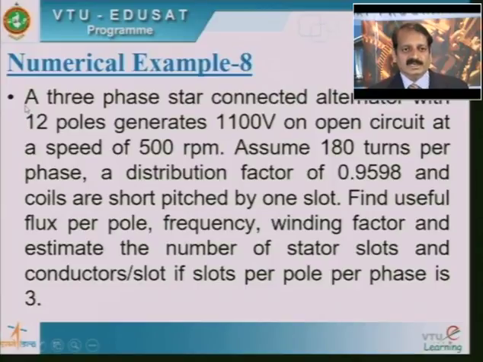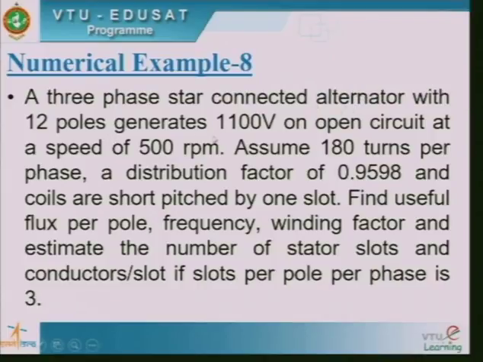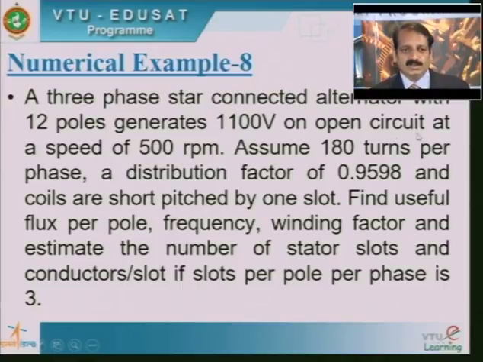Consider the next numerical. A 3-phase star connected alternator with 12 poles generates 1100 volts on open circuit. Open circuit means the alternator is not loaded, the terminals of the alternator are kept open and the alternator is not connected to any load, and it runs at a speed of 500 rpm.